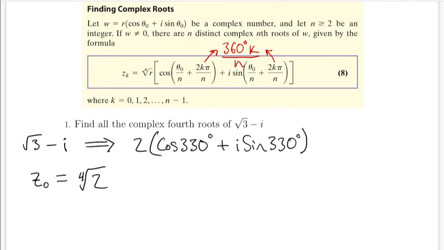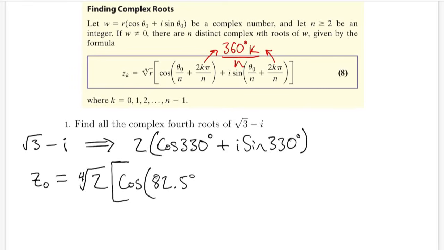And I'm just going to leave it like that because there's no nice way to simplify that without having to put it in a calculator and round, and I don't want to do that. So then what I have in here is the cosine of theta over n. Remember, my n is 4 and my theta is 330 degrees. So 330 divided by 4, that should give me 82.5 degrees. Okay, plus 360 degrees k over n.